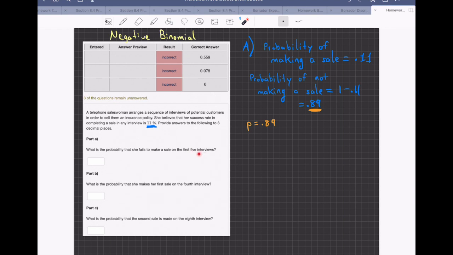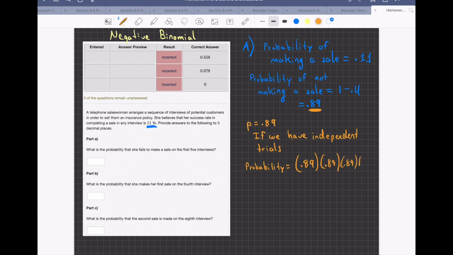I think it says all of them. In all of them. So if we have independent events, independent trials, the probability we look for is fail in the first interview, 0.89 times 0.89 times 0.89 times 0.89 times 0.89.